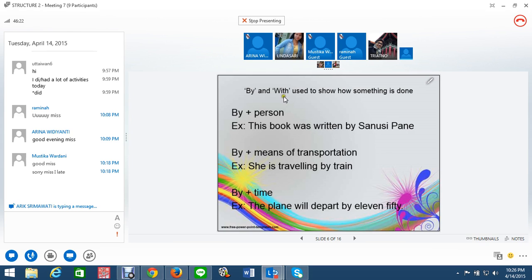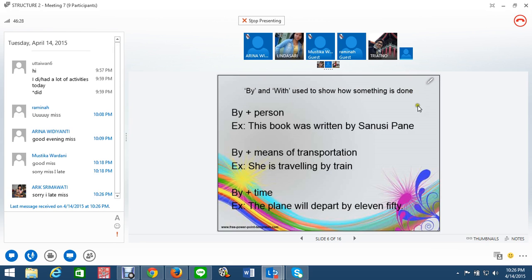Actually the purpose is to show how something is done, but you have to know the rules of the formula. By is by plus person, by plus means of transportation. So we cannot say she's traveling with train. No, that's wrong. I go with taxi, that's wrong, it should be by taxi.